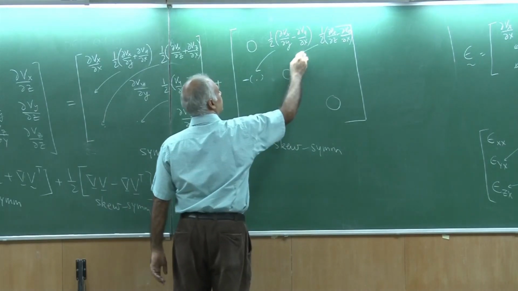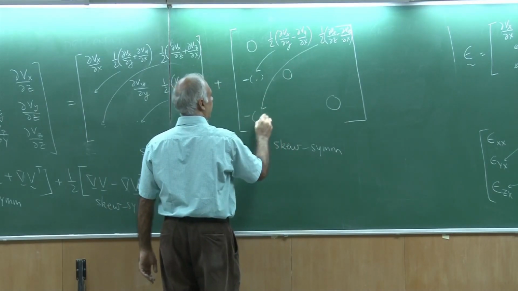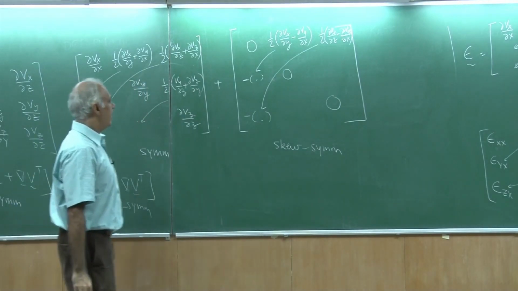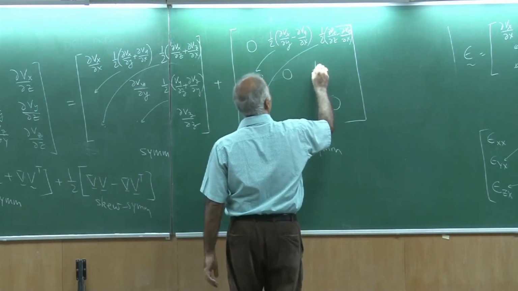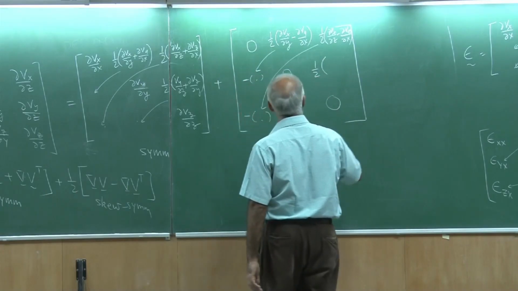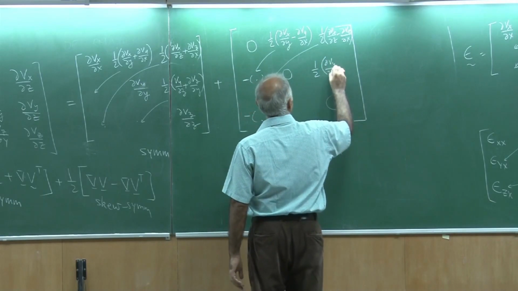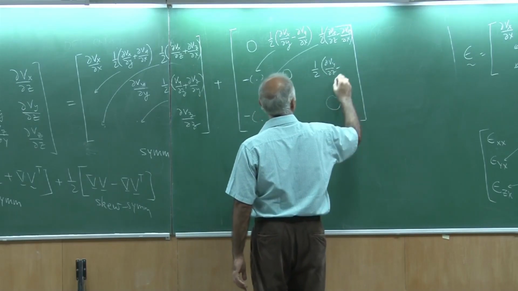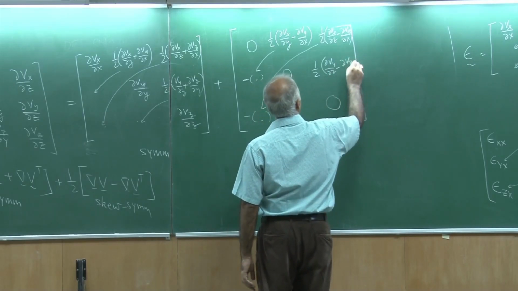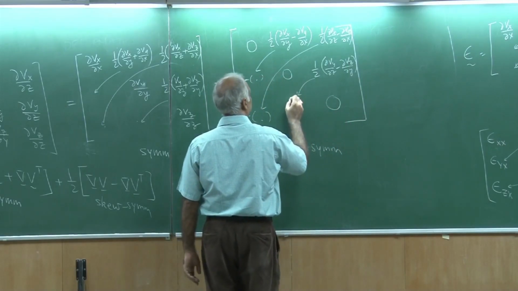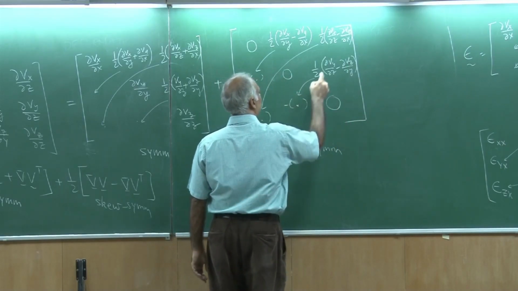Similarly, this here would be simply negative of this term that I write. And over here I would now fill up as half of del Vy by del z minus del Vz by del y, and over here I would get simply negative of this term.